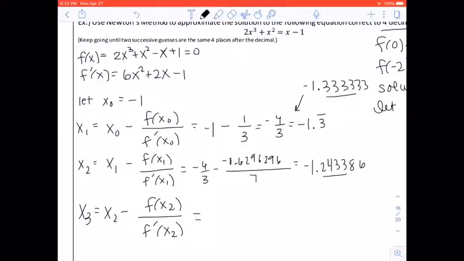I'm going to take that value there, -1.243386, minus, and if I substitute into my function, I get -0.055165, and then divided by, substituting that into my derivative, I have 5.7892805.